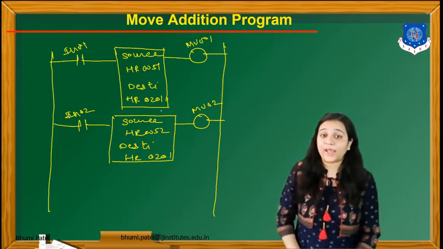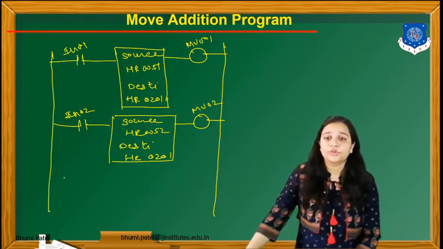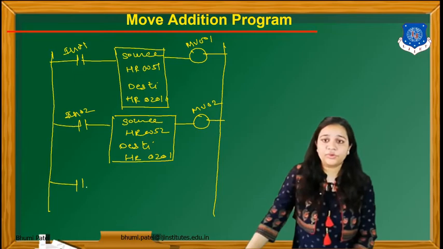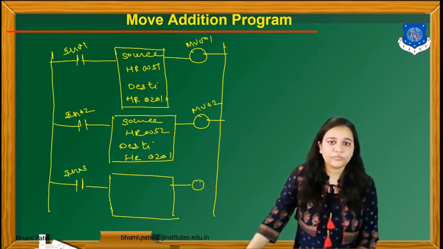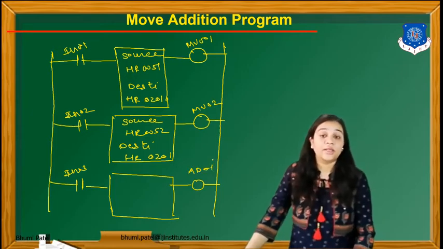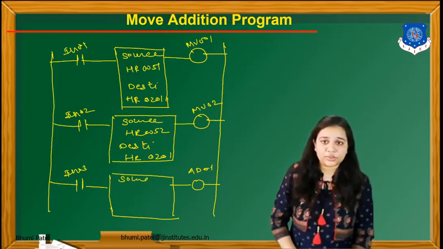Now we have to add some data from source 1 to source 2. So for that we have to use the addition function. Okay. So for that we have to take one input. The command for the addition is AD01. Okay, now we have to add some data. So we have to take source from the destination 1, HR0201.